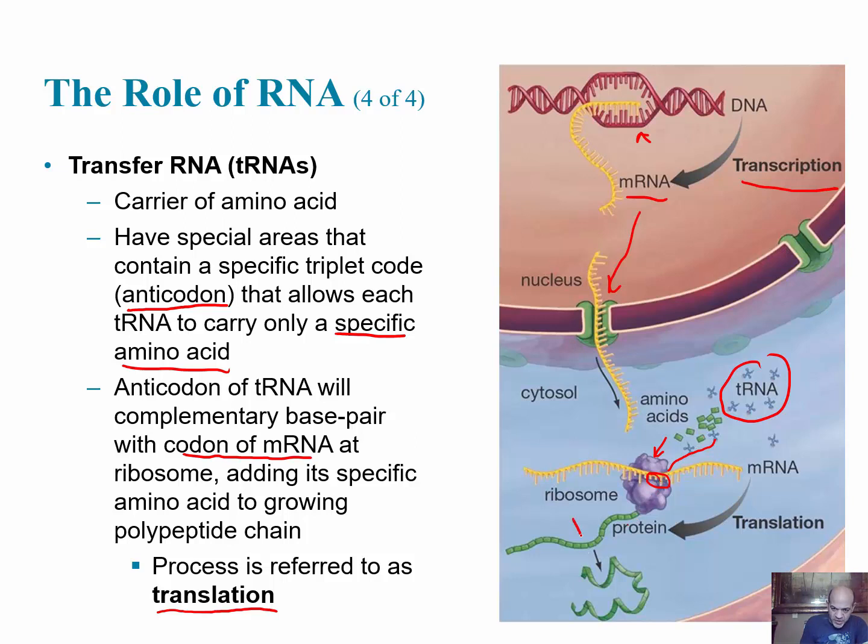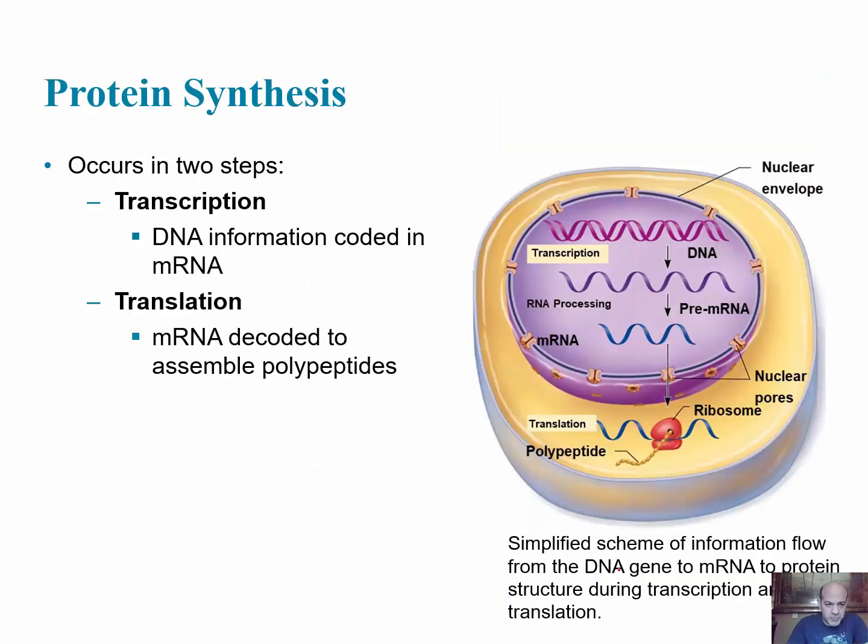And so we'll have our polypeptide chain growing as we continue to read along the mRNA. Ultimately, once we get to a stop in this process of translation, the ribosome, mRNA, and the polypeptide break away from each other, and then the polypeptide will go into a folding to go into its functional structure.